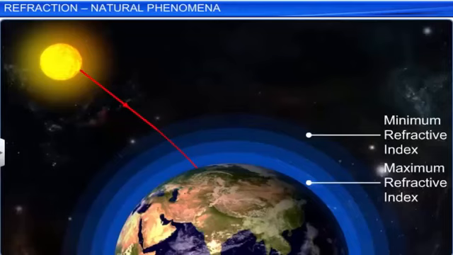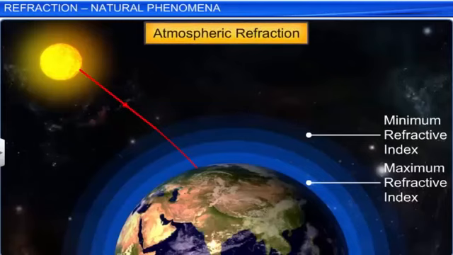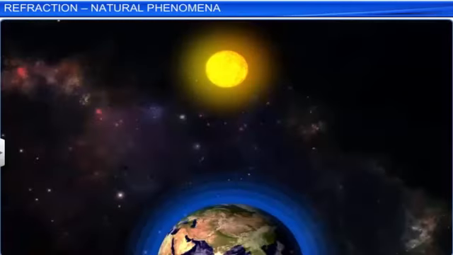When the Sun is directly overhead, atmospheric refraction is 0, as the Sun's rays are incident normally. When the Sun is on the horizon, atmospheric refraction is more predominant. This is because when the Sun is on the horizon, light rays have to travel longer distances through the atmosphere.